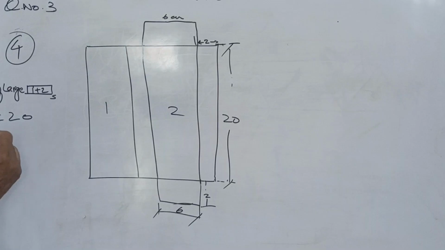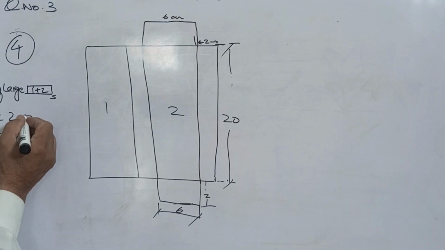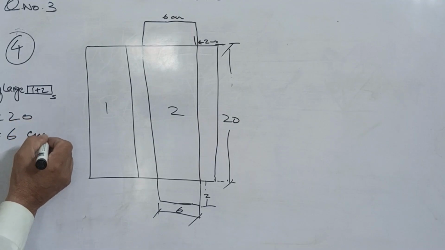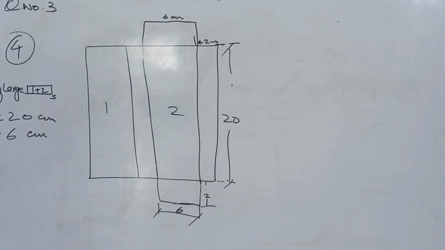The breadth or width, W, is 6 centimeters. Since there are 2 of these, the area is L into B of a rectangle.